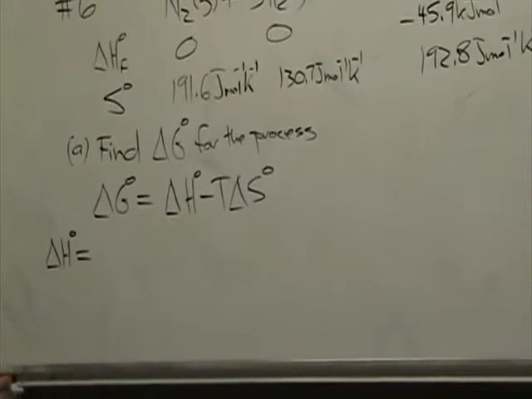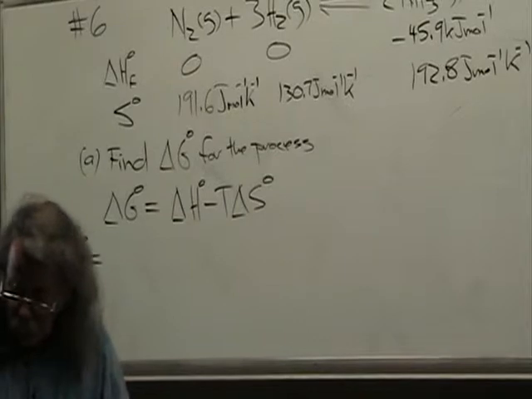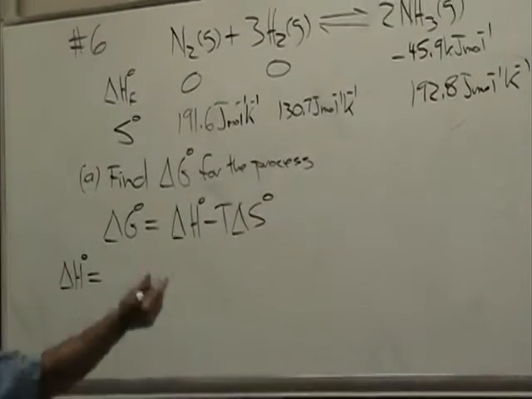So delta H naught is equal to, what again is delta always? Final minus initial, so it's products minus reactants.